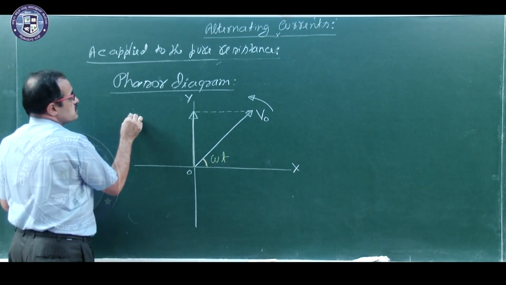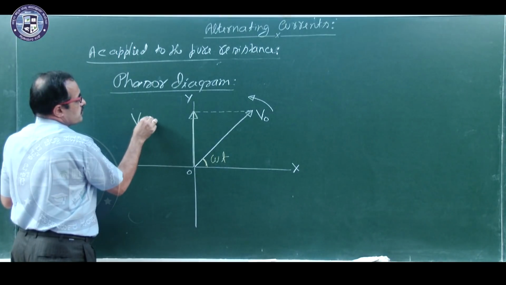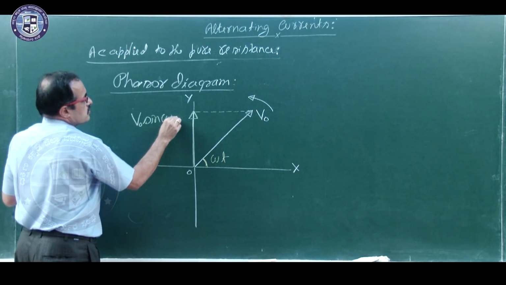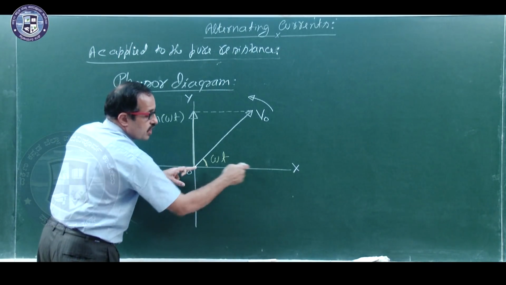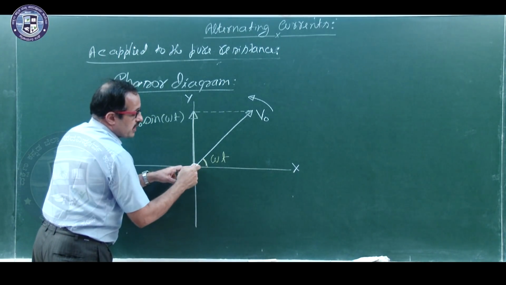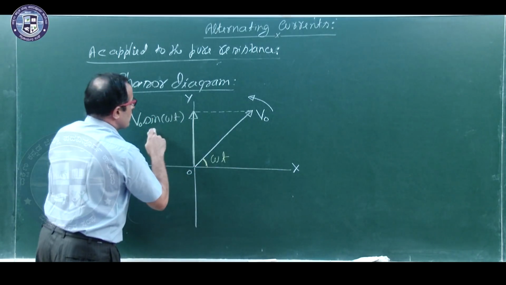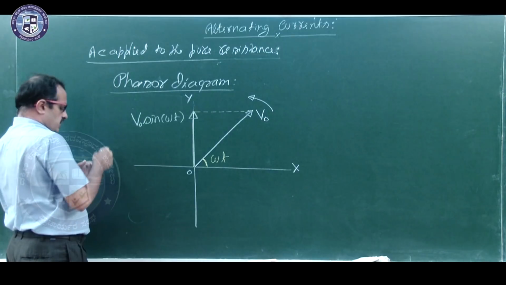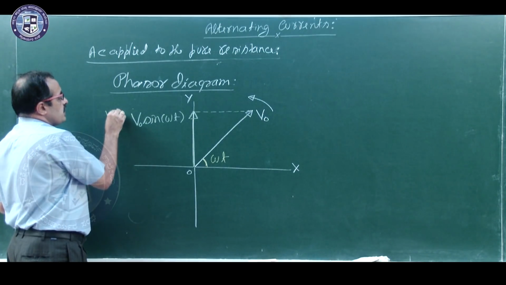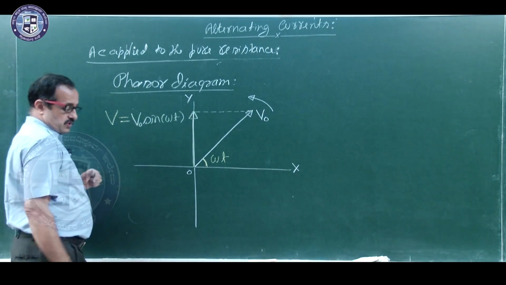It is nothing but V naught sin omega t. And what is the component in this direction? Cos function. Because of omega t, for the y axis it is a sine function, V naught sin omega t. What is V naught sin omega t? It is nothing but V, the instantaneous value.